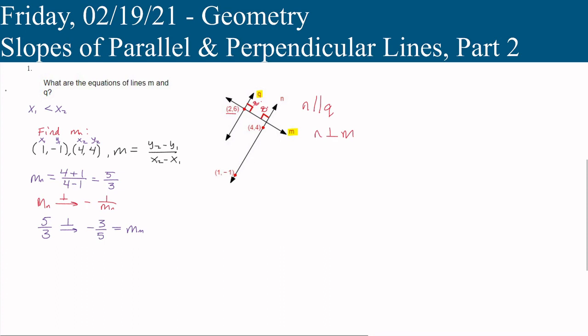Okay. Now, apply that 3-step method for finding the equation of a line that passes through a point.